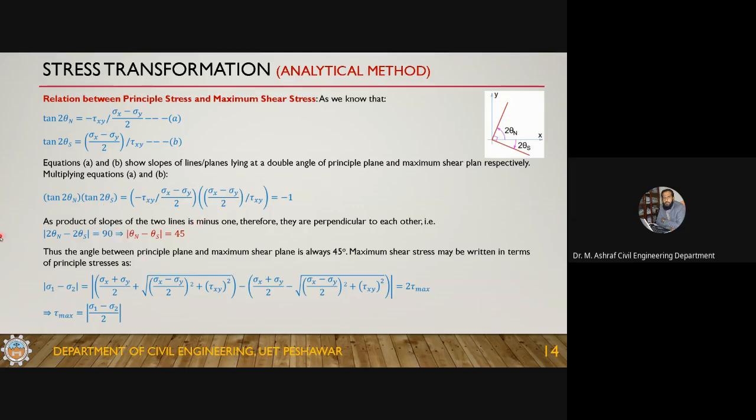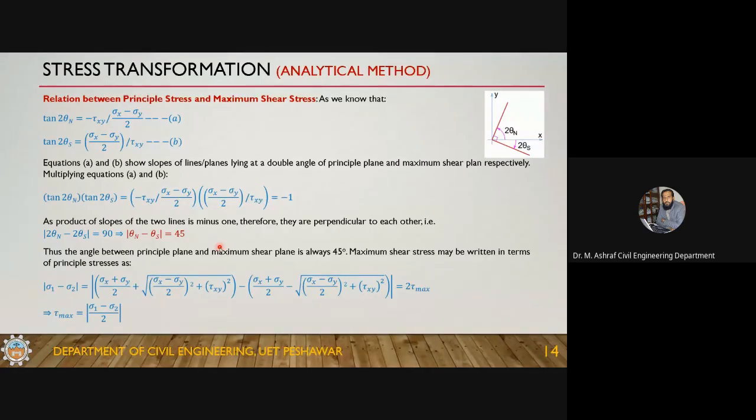If I take theta common, theta n minus theta s is equal to 45. This means that the angle between the principal plane and the maximum shear stress plane will always be equal to 45 degree. दोनों के बीच में angle कितना होगा? 45 degree का होगा. Both planes will make an angle of 45 degree with each other.